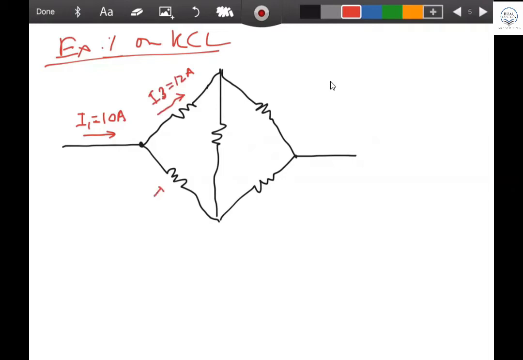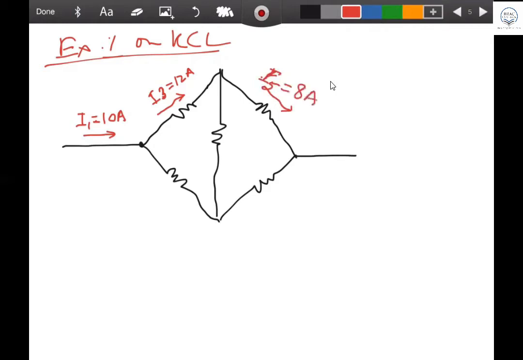I'm going to write another one, I4, I5. I5 will be just like this. Let's say I5 equal to 8 ampere.